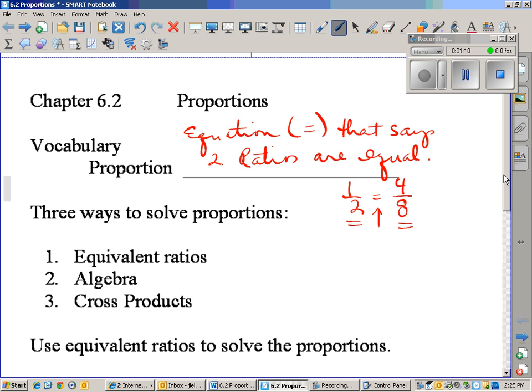Well, if there happens to be a variable in one of these four spots of your proportion, there's three different ways that you can actually solve to find what your variable is. We're going to talk about these two in 6.2, equivalent ratios and algebra. We'll talk about cross products in 6.3, the next lesson.